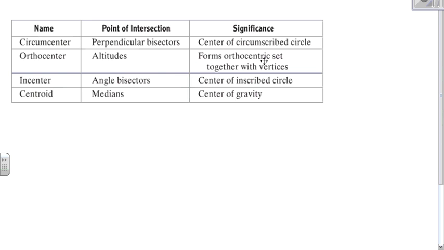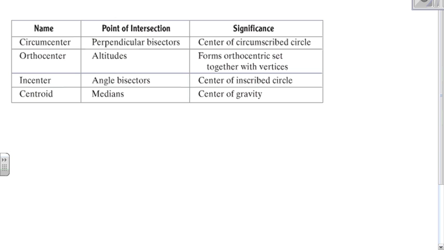An orthocentric set just means that the 4 points, no matter which triangle you take, the other point is the orthocenter for that triangle, like we discussed on the previous slide. The incenter is formed by constructing all of the angle bisectors, and it's the center for an inscribed circle. And then the centroid is the intersection of all of the medians, and that is the center of gravity.